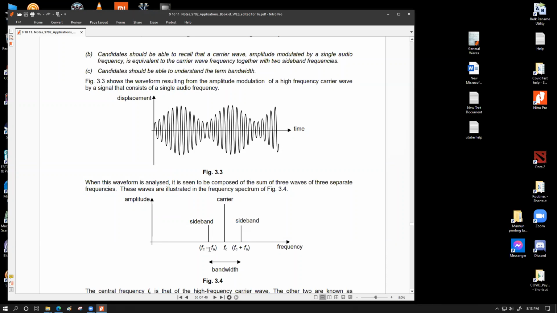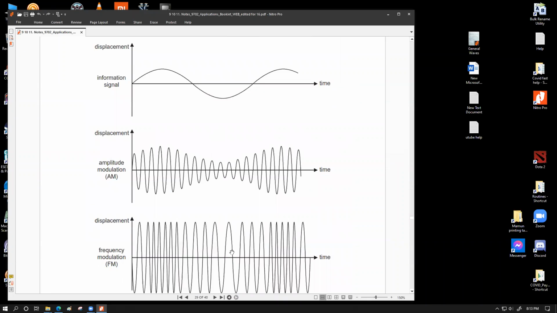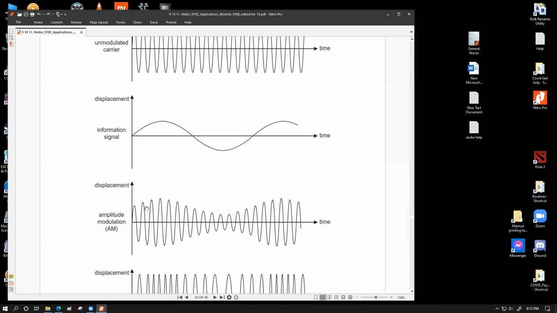Here's the part that I want you to understand. Let's say this wave has a frequency of 100 hertz, and this wave has a frequency of 10 hertz. Then together, the merged wave still has a frequency of 100 hertz, but it has a certain variation of amplitude, because in amplitude modulation we don't mess with the carrier wave's frequency, we mess with the carrier wave's amplitude.